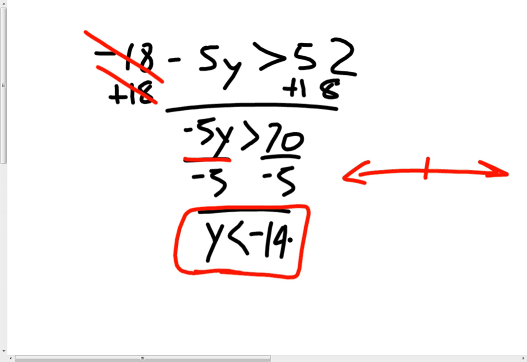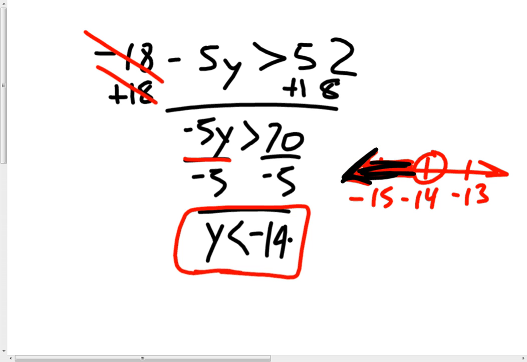If I was going to put that on a number line, would it be an open or closed circle? Open. Where are all the y's, or where are all the numbers less than -14? On the left. This way. So darken that in.